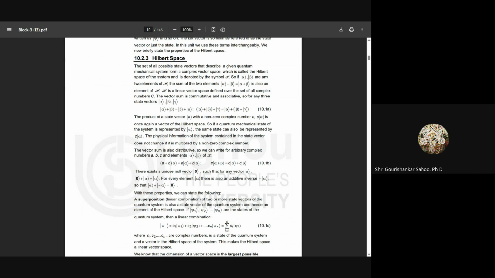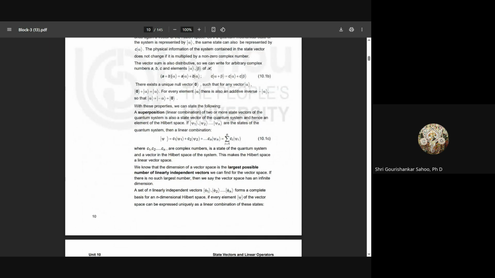Okay. So this is the Hilbert space representation, and a superposition of two or more state vectors of the quantum system is also a state vector of the quantum system, and hence an element of the Hilbert space.